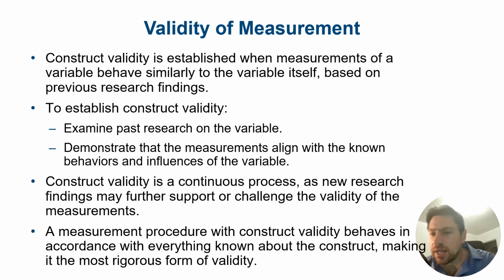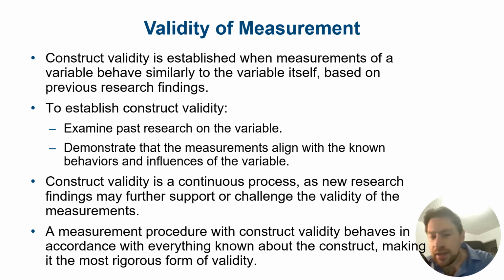Okay, so construct validity determines if a measurement truly reflects the theoretical construct that it attempts to measure. Now, in order to establish construct validity, you have to begin by examining the past research and looking at everything that we know about this particular variable. Then you have to demonstrate that your measurement aligns with the known behaviors and known influences of the variable.